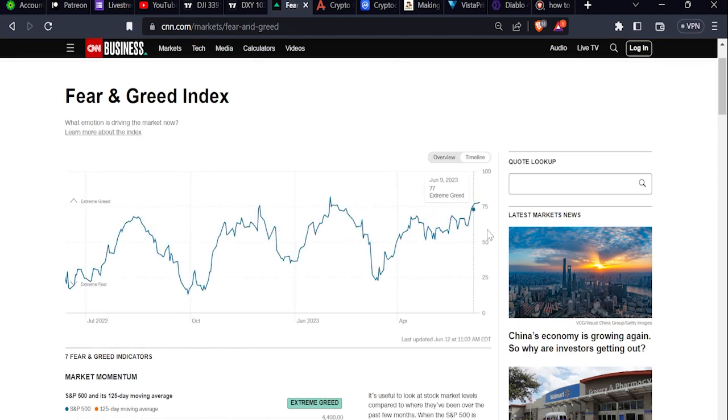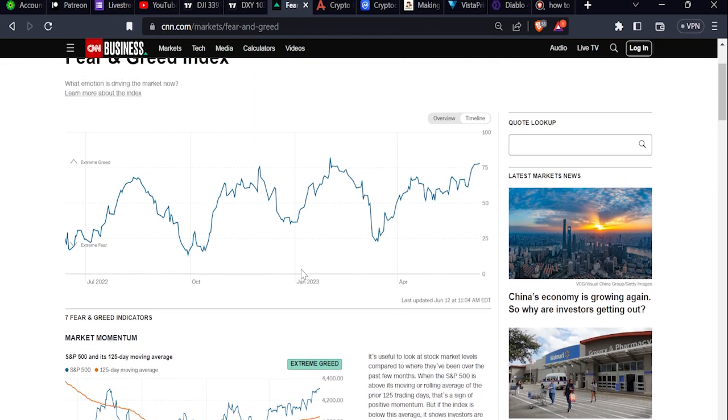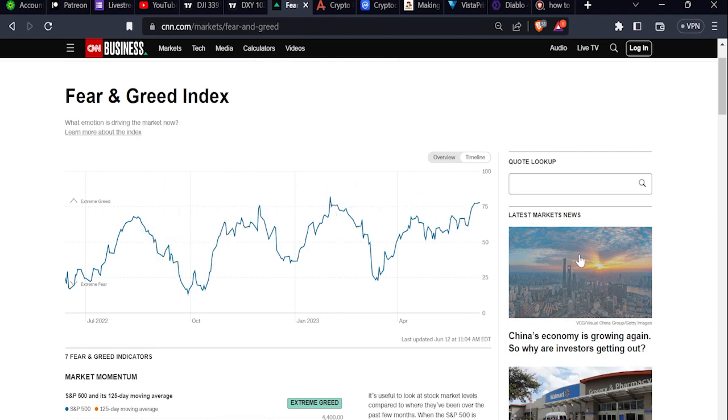Whenever we're in extreme greed, as you see here, it usually doesn't last that long, maybe at most a few weeks or a couple of months. So we're probably at the tail end of it. On average it lasts about 2 months, as seen on this graph at least, but it's not really showing how it's been in the past.